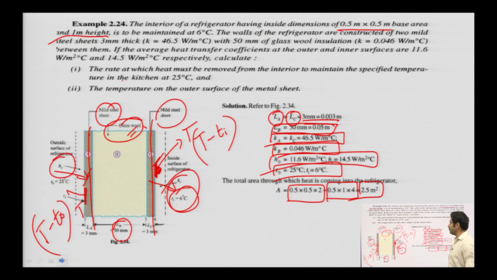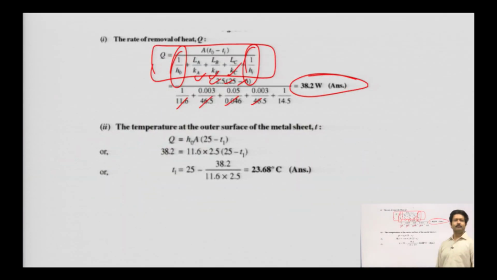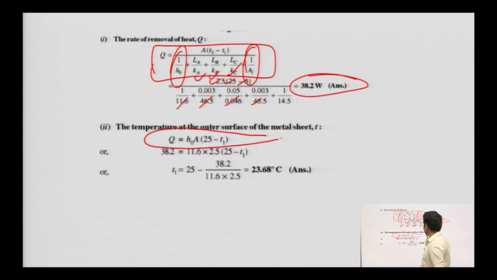That's pretty simple. Just apply Newton's law of convection, and with it you can calculate the temperature on the surface of the refrigerator. I hope with this numerical you came to know about what I have been doing till now: such numericals for composite walls, for simple brick walls, including convection and conduction, both combined.